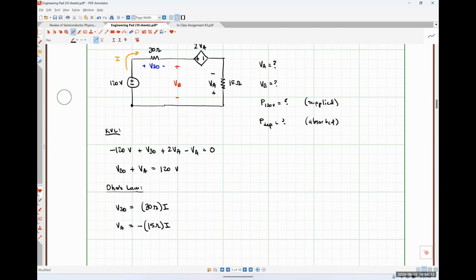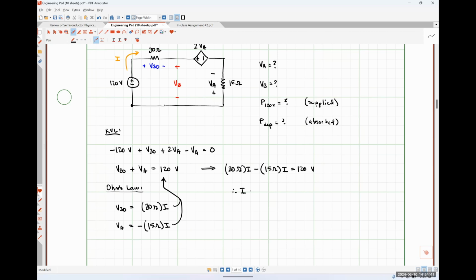So if we substitute both of these relationships into this expression, we're going to wind up getting 30 ohms times I plus VA, so plus minus, so that's just going to look like minus 15 ohms times I is equal to 120 volts.